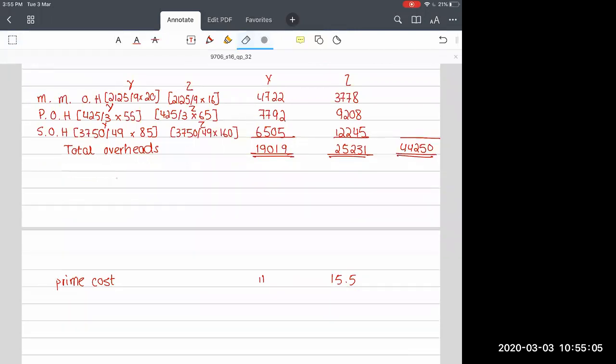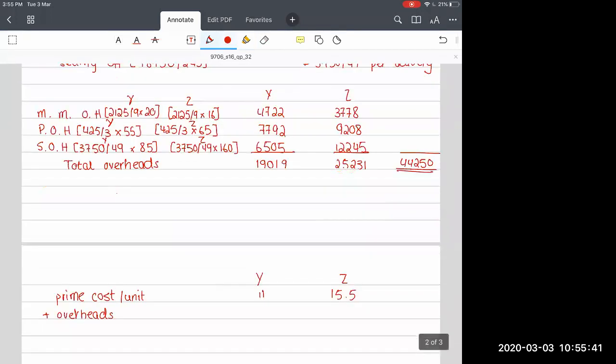So what is prime cost per unit, sir? जो हमारी previous calculation है, that is 11 and 15.5 for Y and Z, plus overheads. Now overheads हमने total calculate किए हुए हैं Y के and Z के. Now if we know the total overheads of Y and Z and we have to calculate the per unit cost, we will spread our total overheads divided by number of units to calculate per unit overheads.